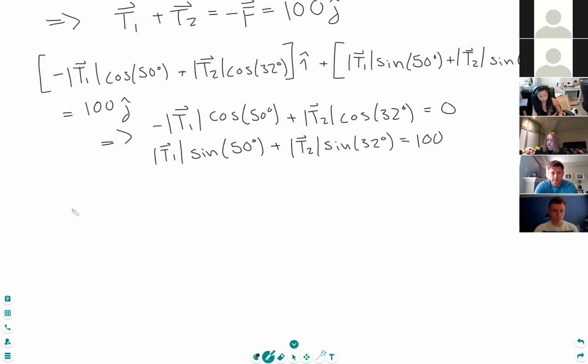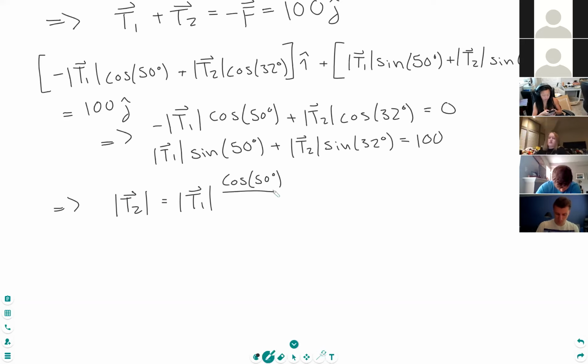Let's try to solve. If I look at my first expression there, I'm going to solve for T2 here. The magnitude of T2 is the magnitude of T1 multiplied by cosine of 50 degrees over cosine of 32 degrees.